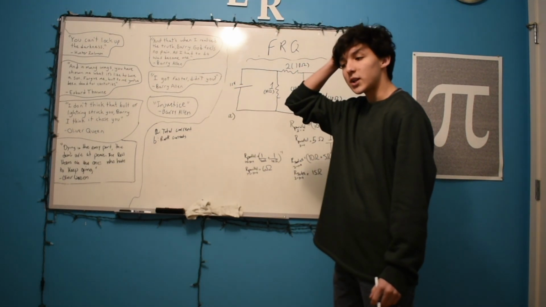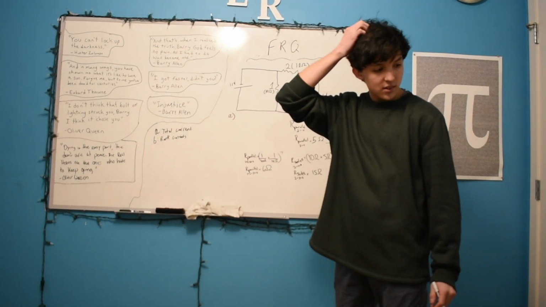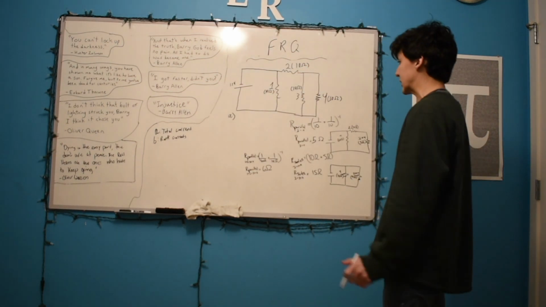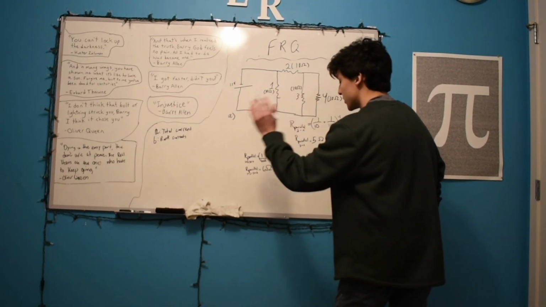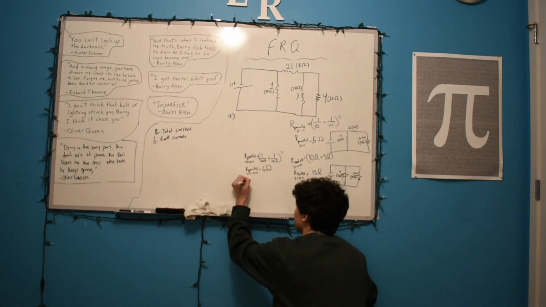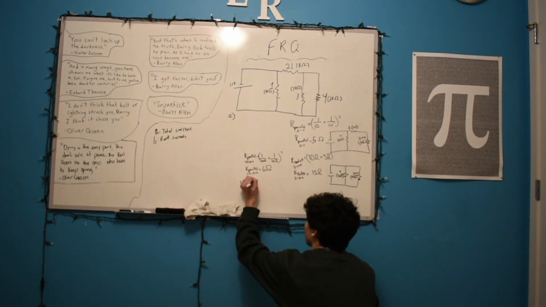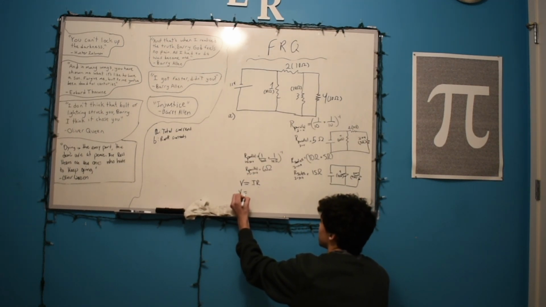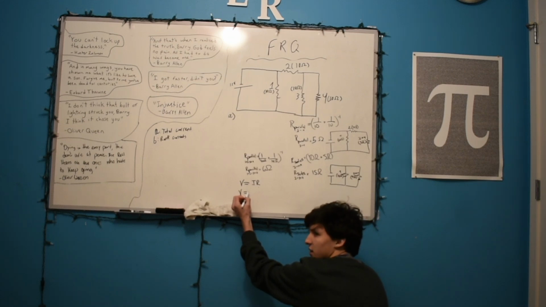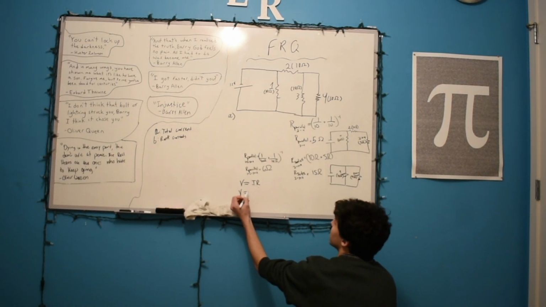How do you find the current? V equals IR. It's total resistance. Yep. So, V equals IR, you said. Yeah. This is a total resistance, right? So, what's the I again? That's current. That's what you're trying to get. Oh, and then the volt is that.